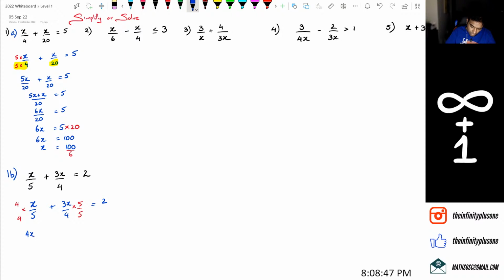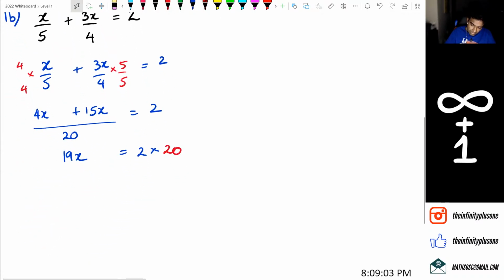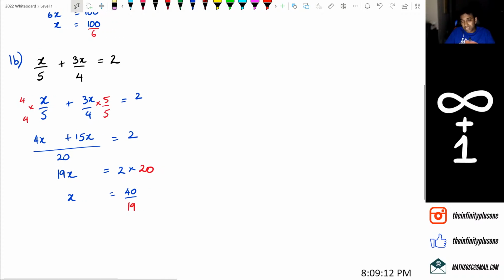So what I've got here is 4x plus 15x and because everything is over 20, I can just put that in one line. I've got 19x equals 2 times 20. And here you can see that x is equal to 40 over 19. And again, I told you guys, I gave you ugly numbers, so we can just leave that as it is for that question.